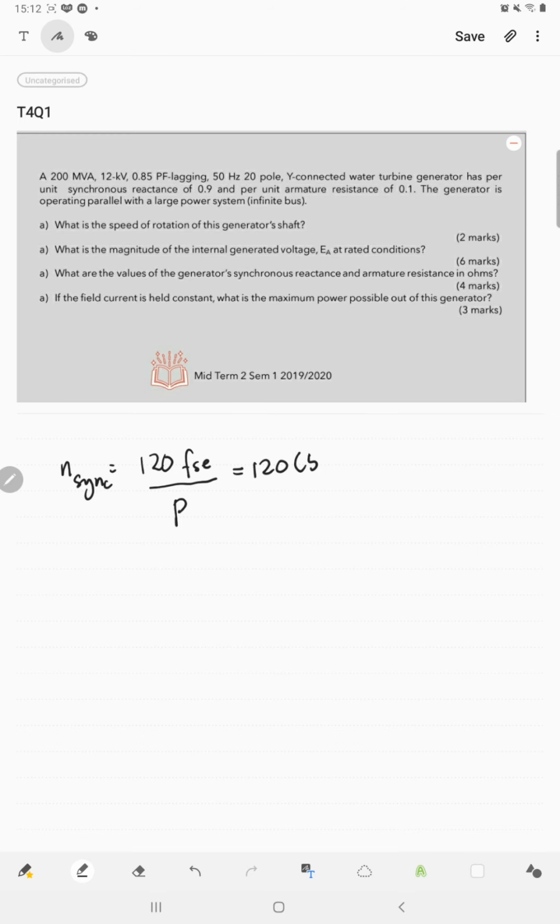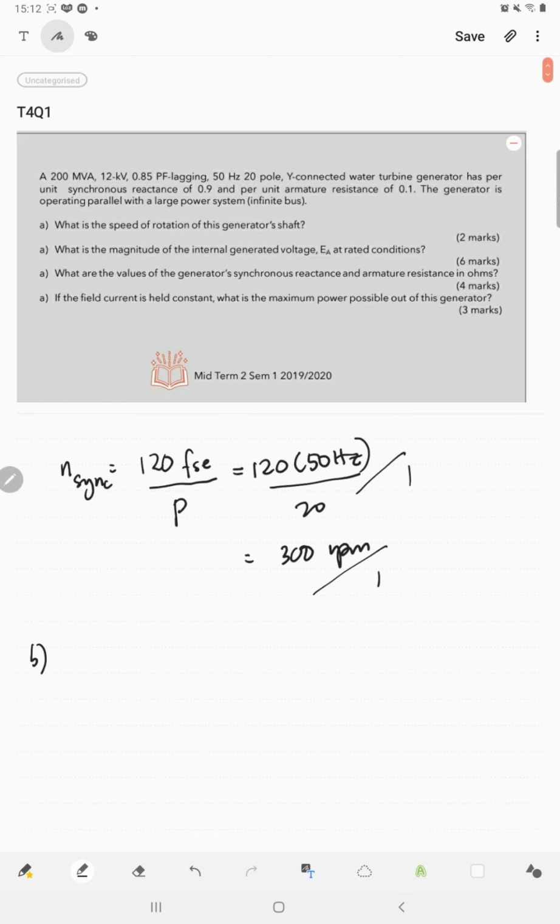So it's 120 times 50 Hertz over 20 poles. This will give you 300 RPM. So this generator will move at 300 RPM. If you put the equation and the answer, you'll get 2 marks.